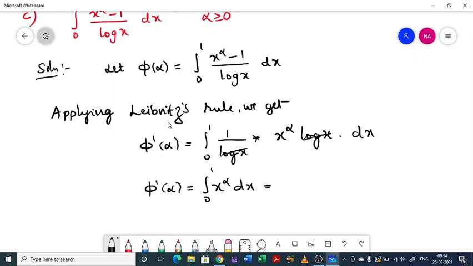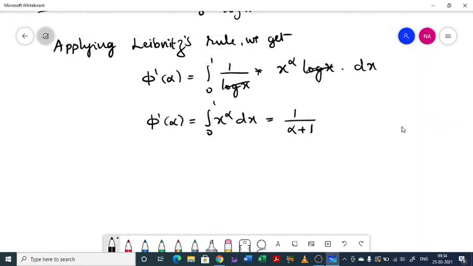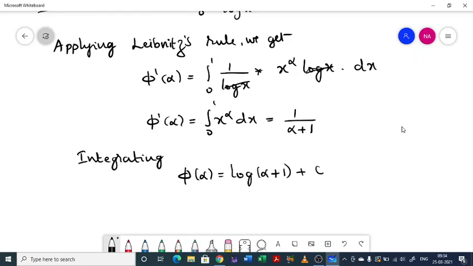But this will be 1 by alpha plus 1, usual integration as we did in problem B. So we got phi dash of alpha to be 1 by alpha plus 1. Now integrating this, because I want phi of alpha, right? So integrating this, we get phi of alpha equal to log of alpha plus 1 plus the constant of integration c.